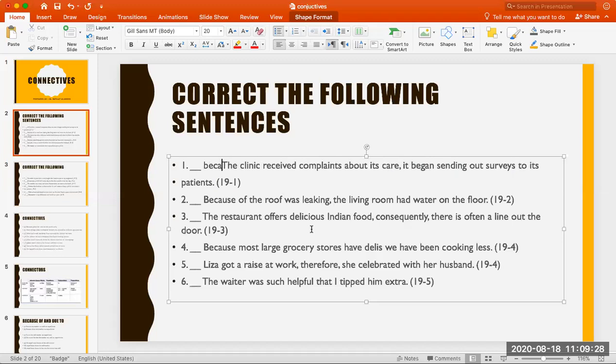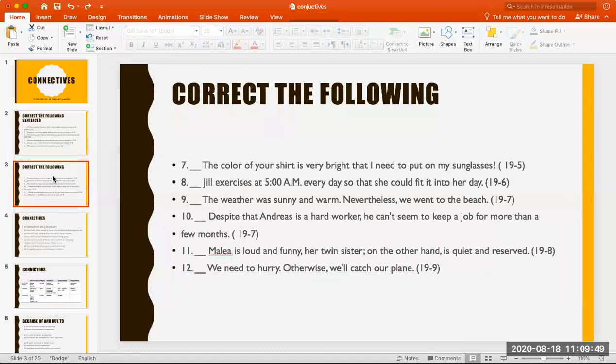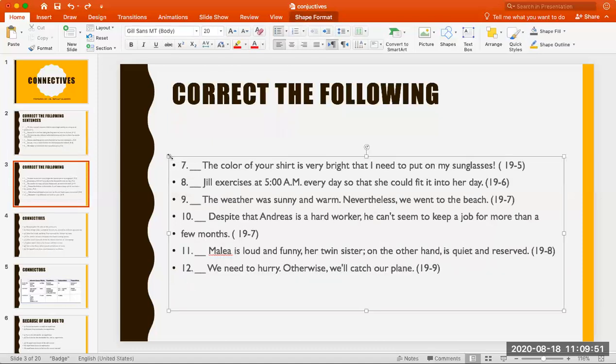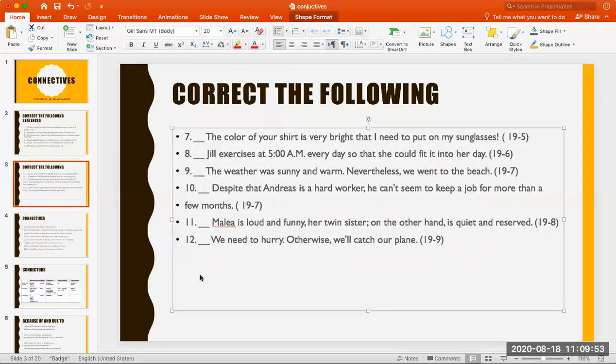For example, because the clinic received complaints about its care, it began sending out surveys to its patients. There are dozens of ways to fix a single sentence. Again, you have more sentences here you can look at and see how they can be fixed.